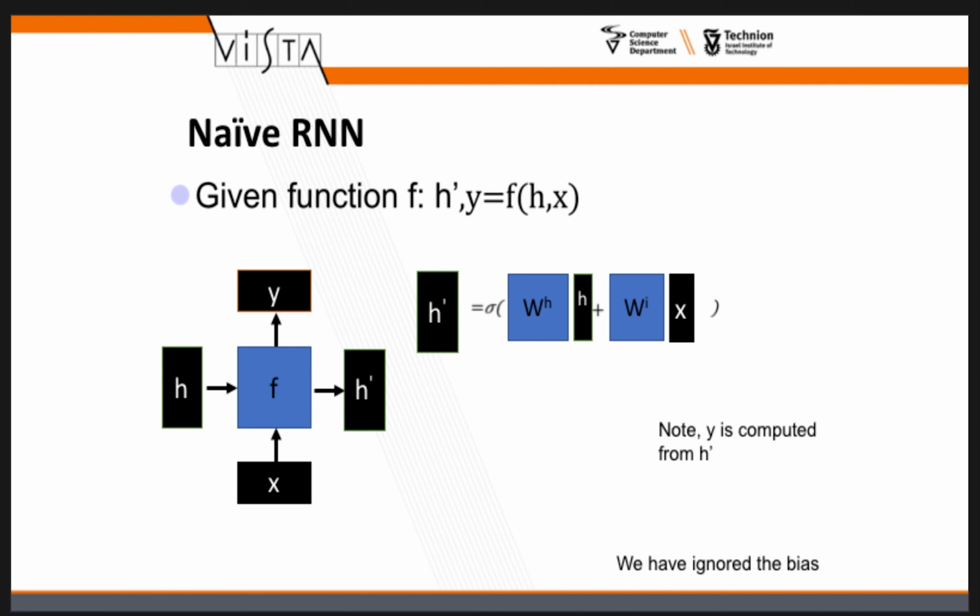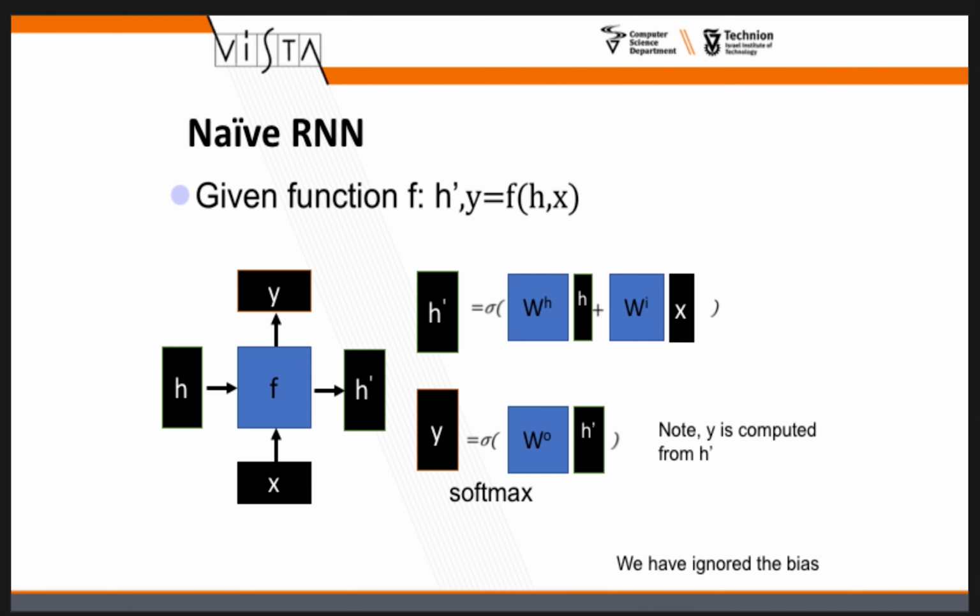This is our function h tag. And here we have our y. Our y is actually a nonlinearity multiplied by this matrix. And if it's a classification problem, we apply softmax on this one. Pay attention, we have ignored the biases from this network, but you can expand it. The biases work the same way.